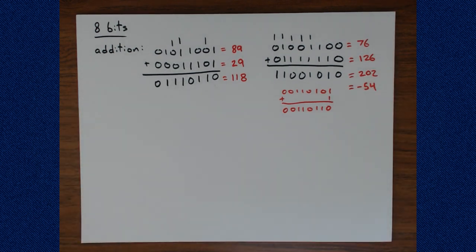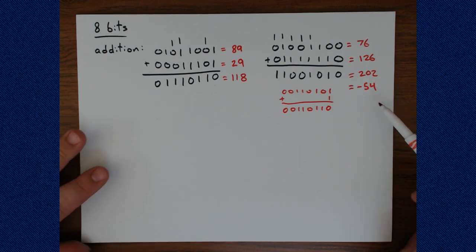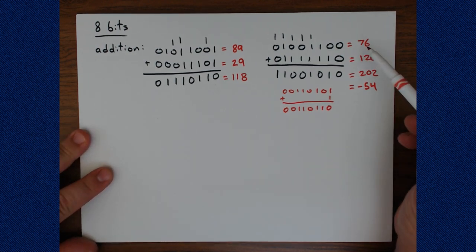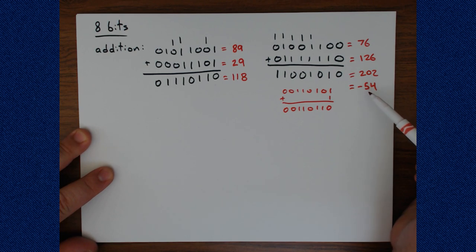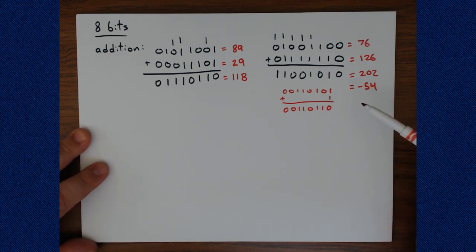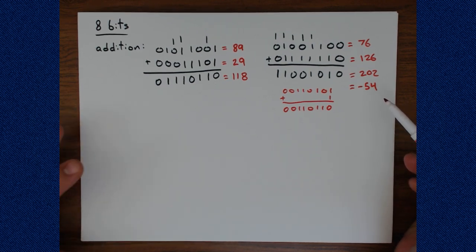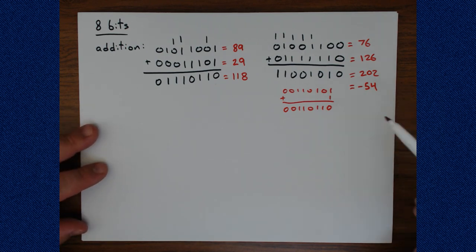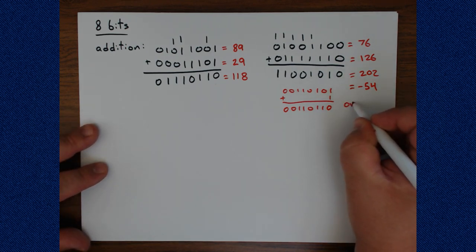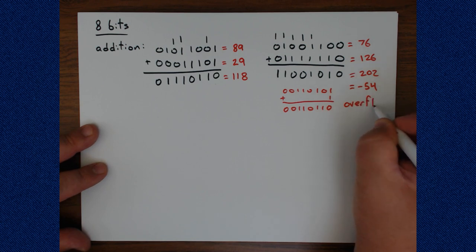Now, this may seem peculiar. So here we are adding 2 positive numbers together, and if we treat them as signed values, we end up with a negative. So positive plus positive in general should not equal negative. Now, because that is an unexpected sign change, we would say that an event called overflow has happened.